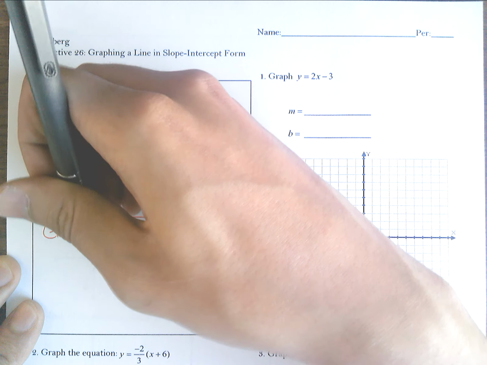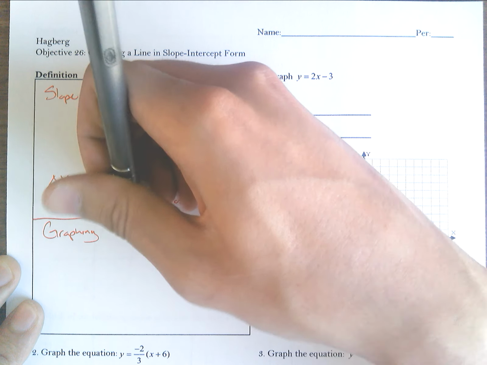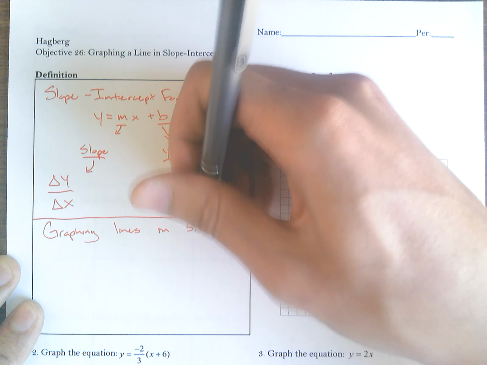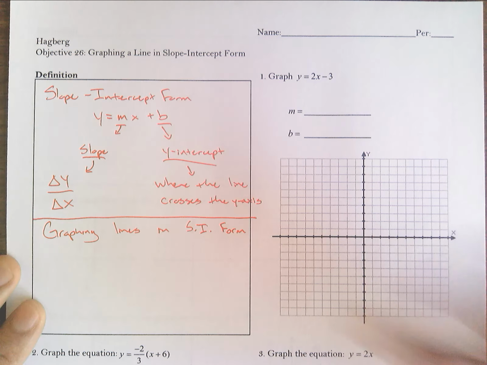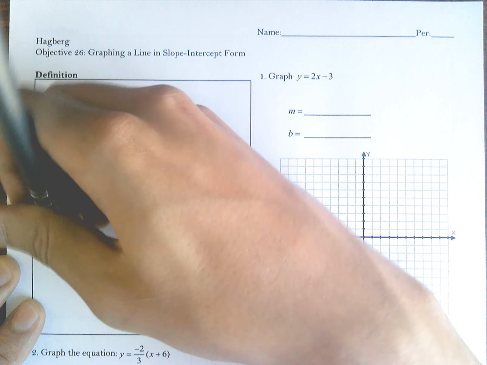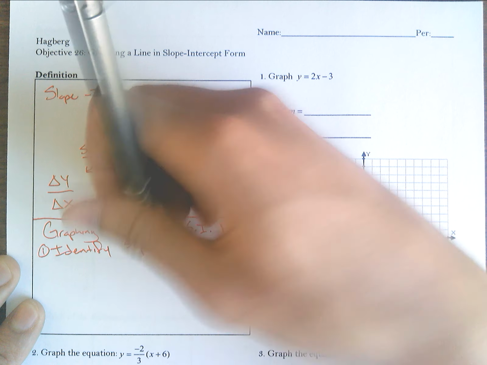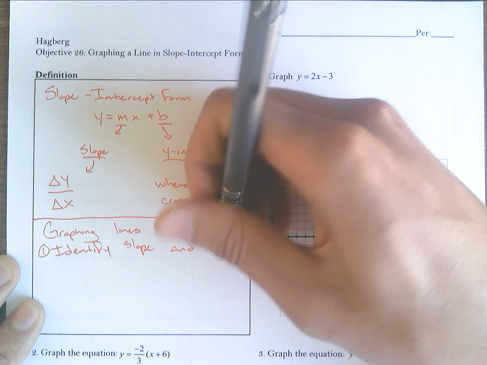So in order to graph a line in slope-intercept form, our first step is to identify the slope and the y-intercept.